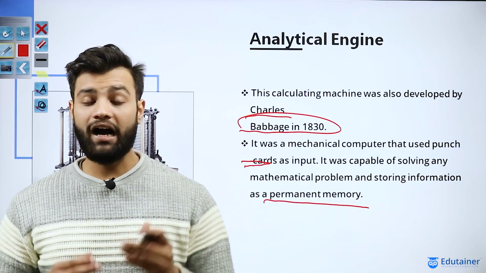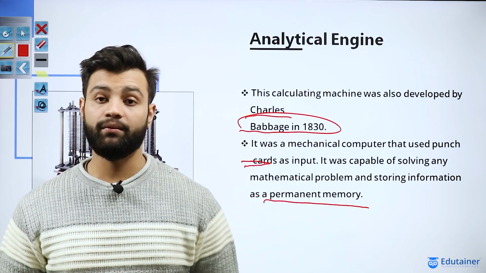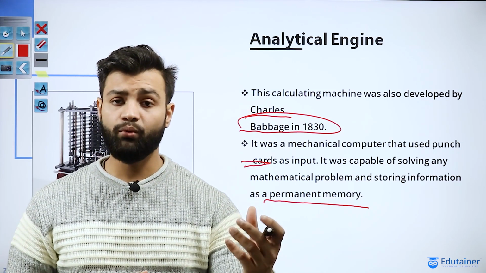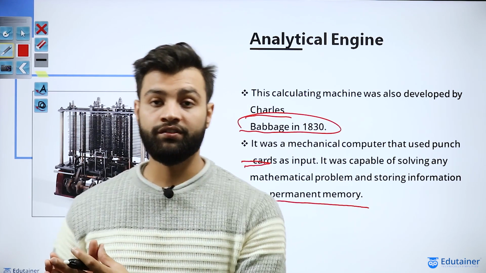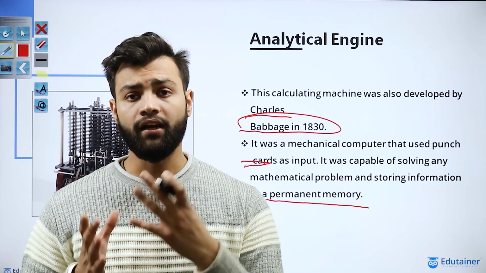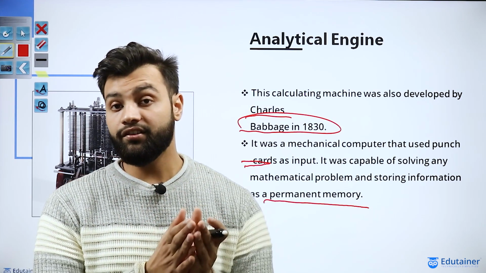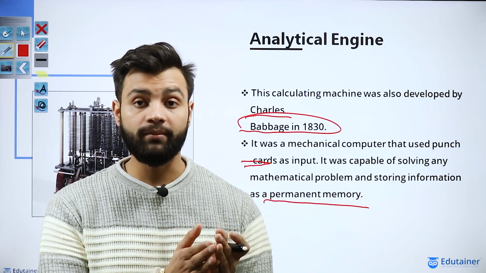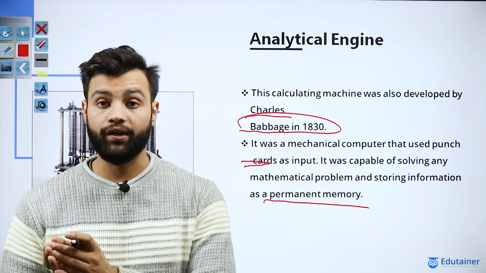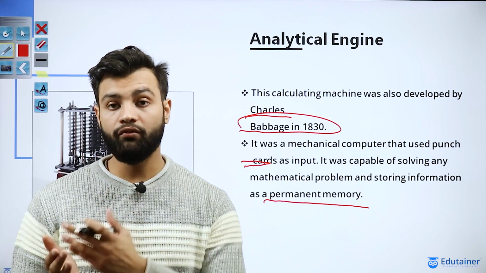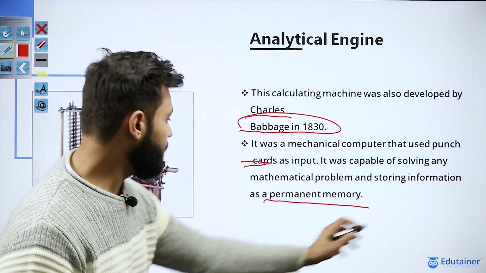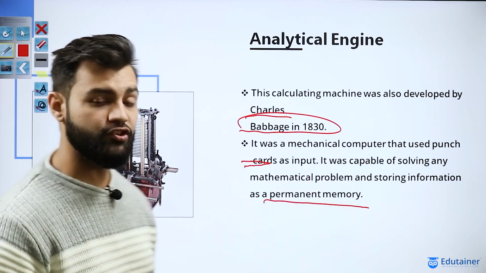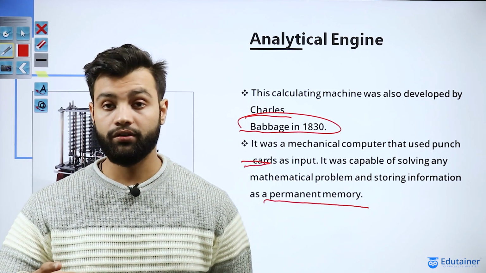So you came to know how the evolution of computers started, from counting devices to rotary machines. Then it came towards the difference engine that was used to find the log tables. Now it came as storing. You saw the evolution, right? You are getting the memory first of all. Over here you got a permanent memory, and punch cards were used as input.